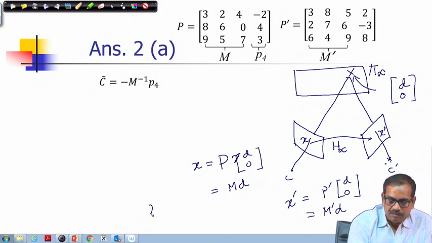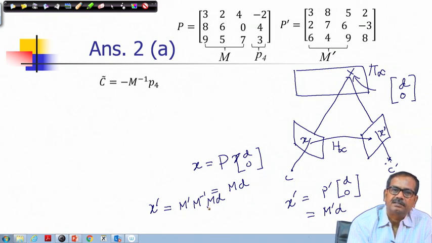So, x prime I can write as M prime M inverse M d. You know that M inverse M makes an identity matrix. So, this will give you this.